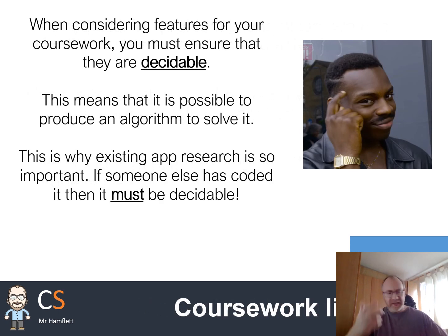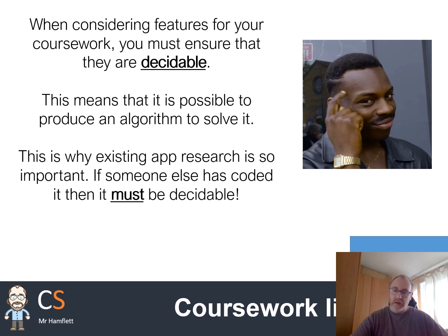So how does this link into coursework and the course? Well, when you are creating your coursework and you are in the analysis phase and you're trying to decide what features you are going to implement, each one of those features must be decidable, and part of the mark scheme is all about showing that it is computable, that you can actually create an algorithm. You must be able to design an algorithm to solve it, because otherwise you won't be able to code it.